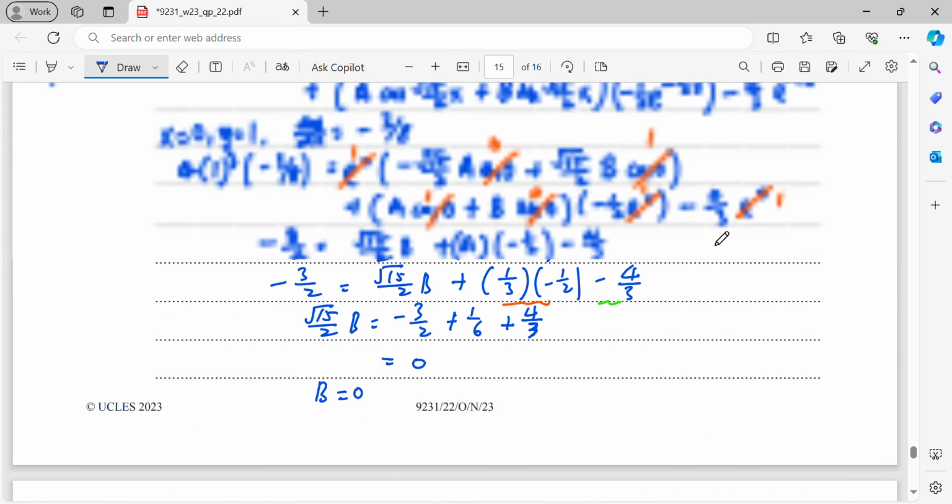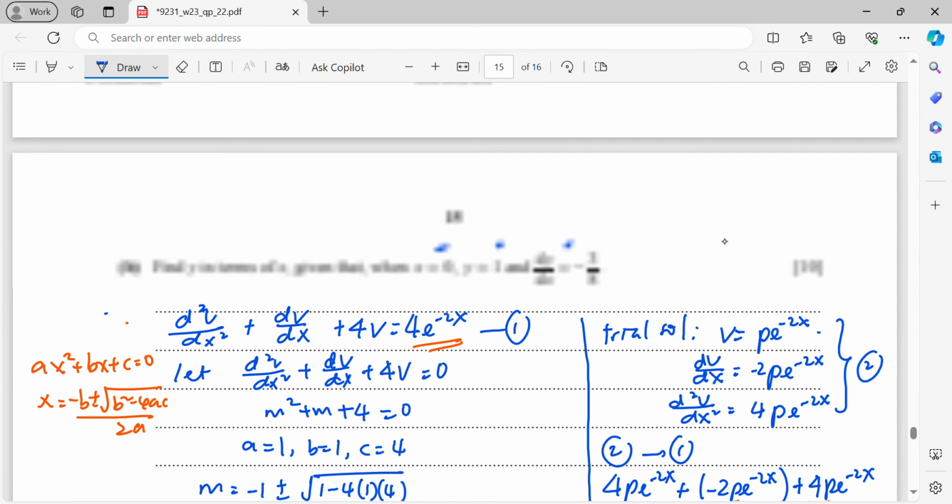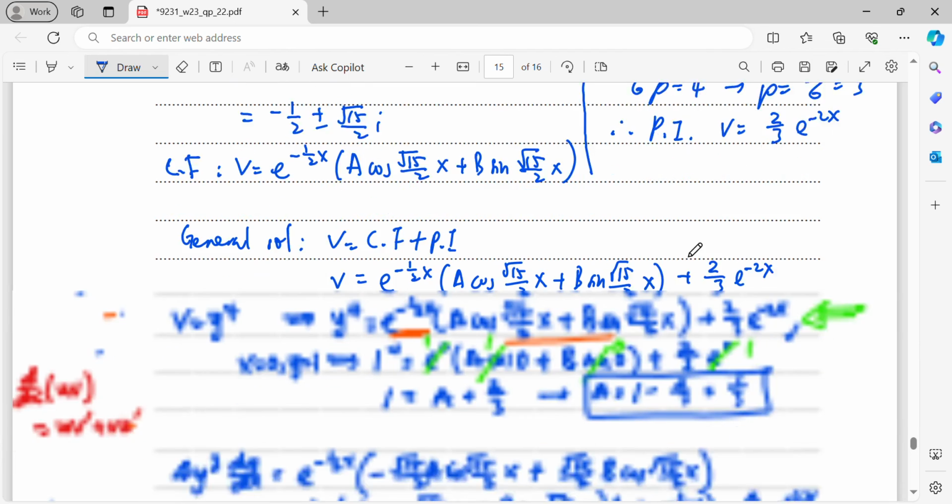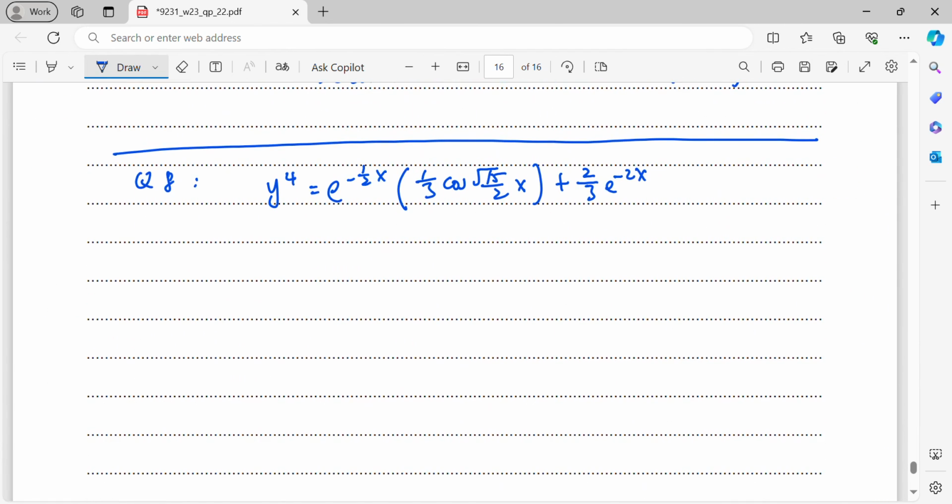Now check the question first. The question says find y in terms of x, meaning that I need to get y to the power 1. And now I'm getting y to the power 4. So from here, before I simplify, I notice that the first term I can rearrange first to get a nicer form. If you want, you can factorize 1 over 3 as well. It's up to you.